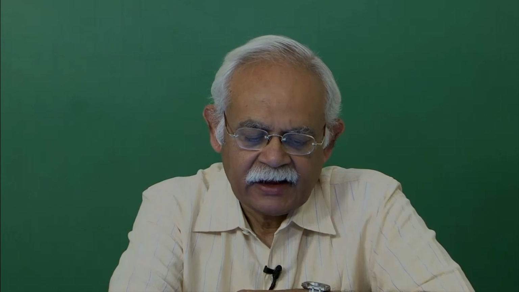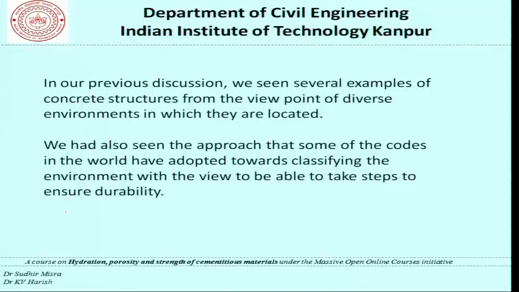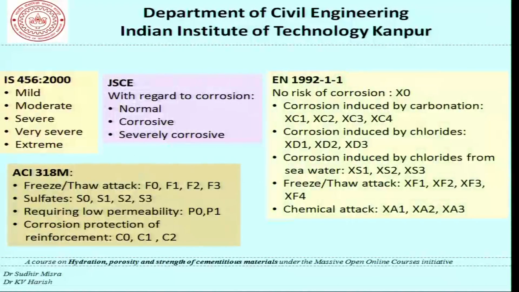All of these are in different environments, and we can categorize the environments by way of temperature, humidity, the content of chlorides or sulfates and so on. We had also seen the approach that some of the codes in the world have adopted towards classifying the environment so that we are able to take steps to ensure durability. So now let us take a quick look at that slide once again.